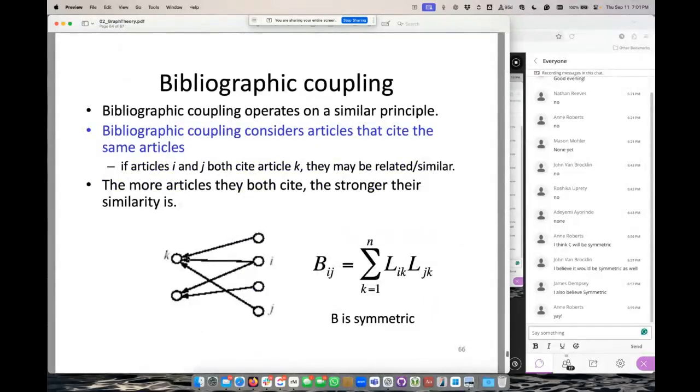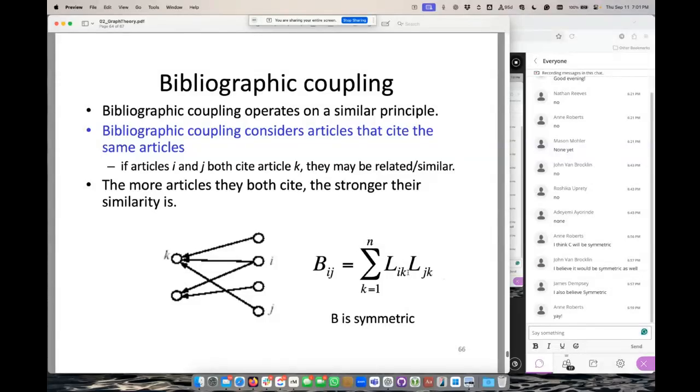So an article is connected with the other if there is an edge, and then Lij in that case will be 1, otherwise it will be 0. Now, to know how similar or what's the bibliographic coupling between two articles I and J, notice how we changed this product. Now we are interested in whether I cites K and J also cites K, right? So here you will see Lik and Ljk.